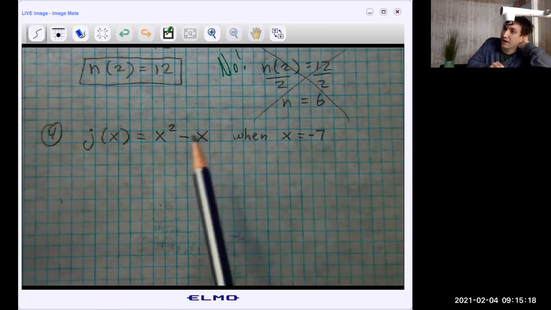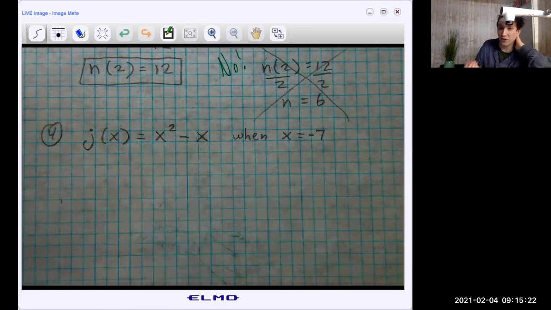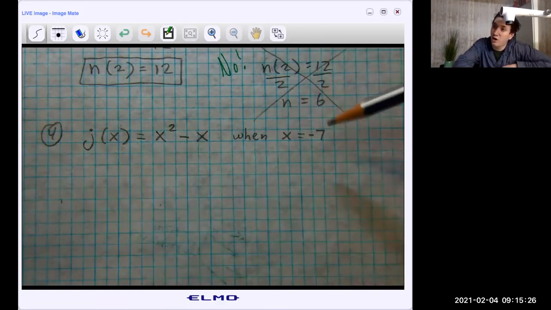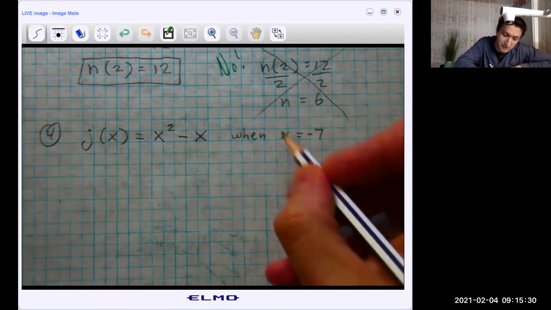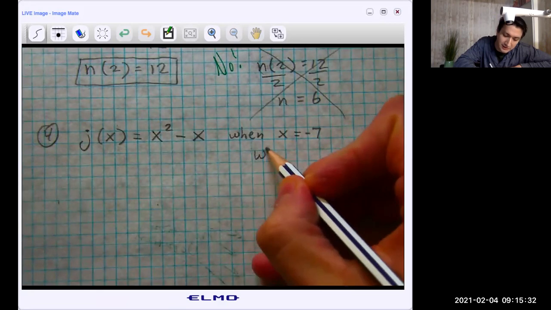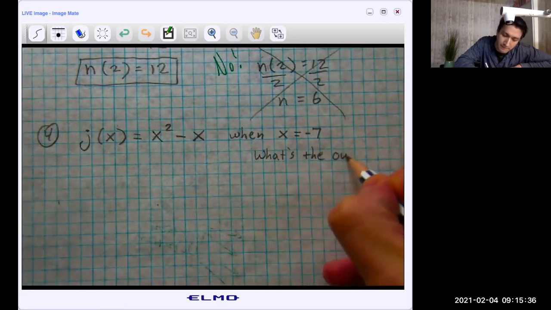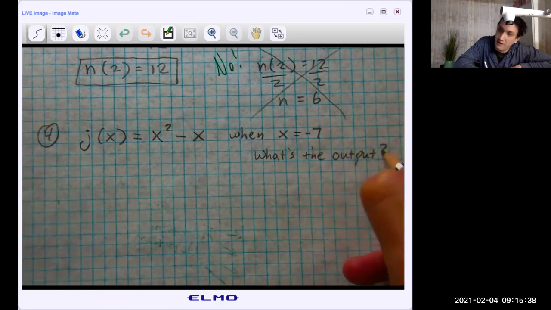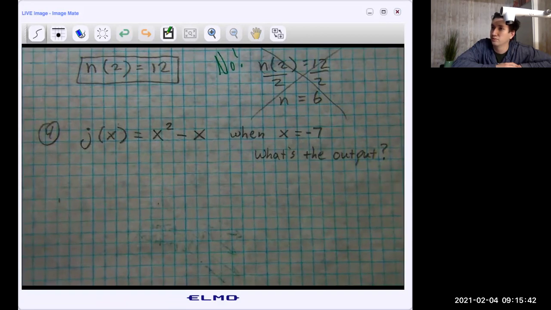So if you can figure that out, can you post your answer in chat? So let's see, we're solving functions using function notation. We're saying, what's our output when we input this? So I guess that might be a helpful tip for us, is knowing what we're asking. Here's asking, what's the output? And they gave you the input, they gave you the rule, they gave you everything you need to know.